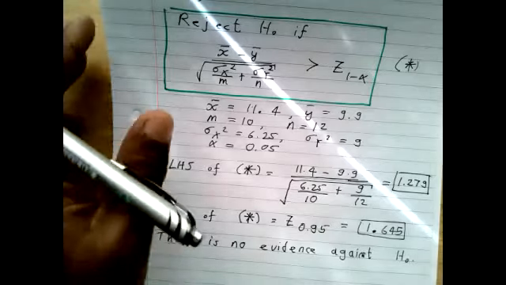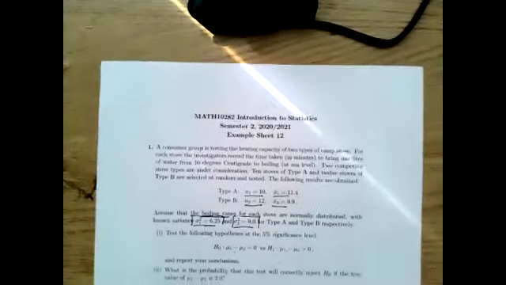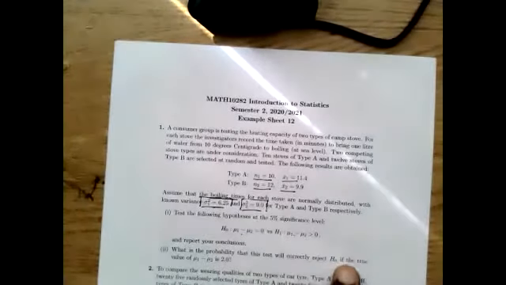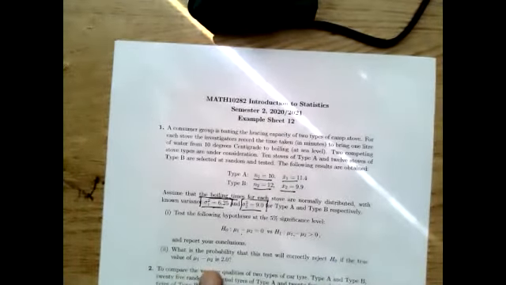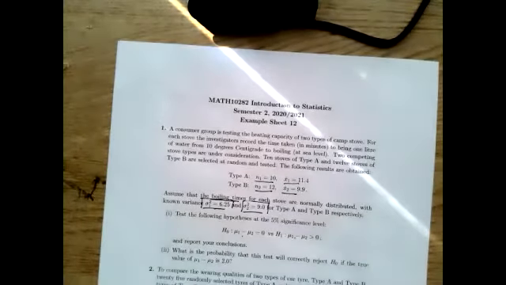So this is part one of question one. Now part two of question one is asking you the following. What is the probability that the test will correctly reject H0 if the true value of mu1 minus mu2 is 2? So let's see how we can do this.